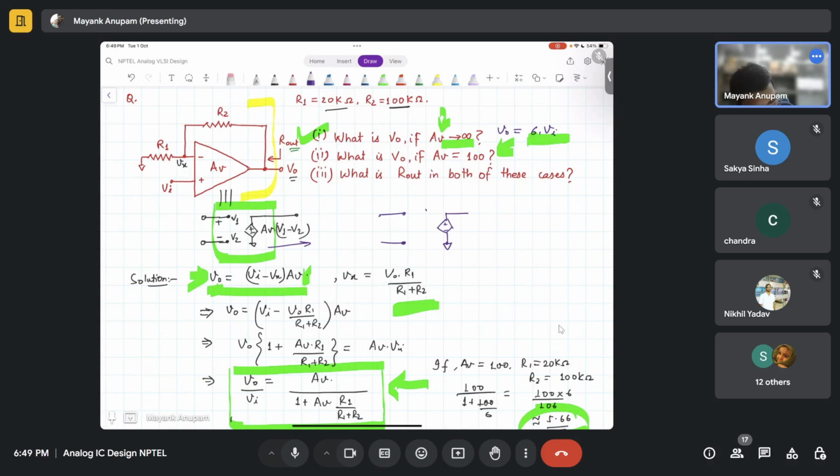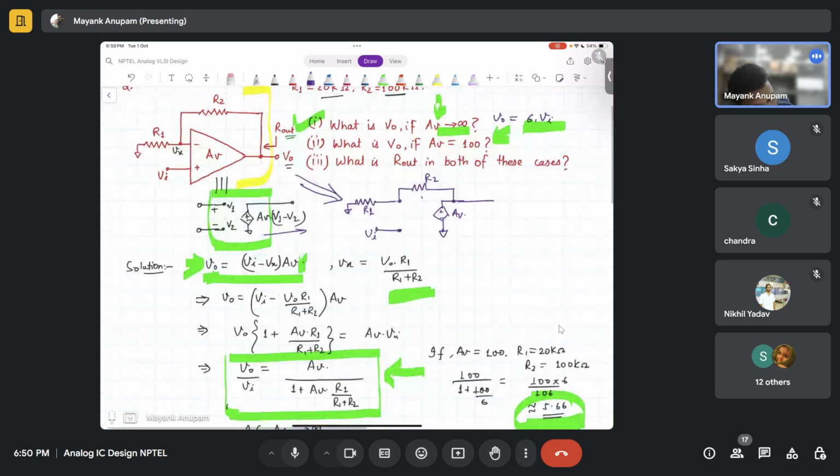This is ground, this is AV times the input, this is VI, let's say connected to some VI, and here you have R1, and between these two you have R2. And here I'm asking what the output resistance is.